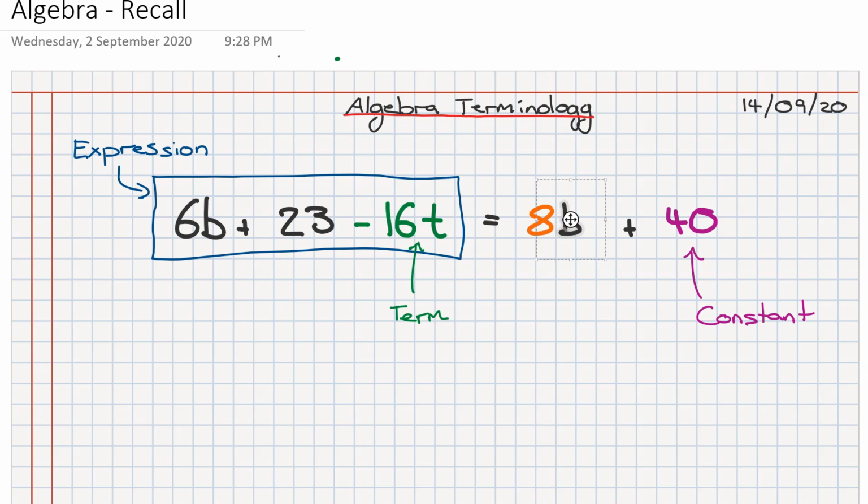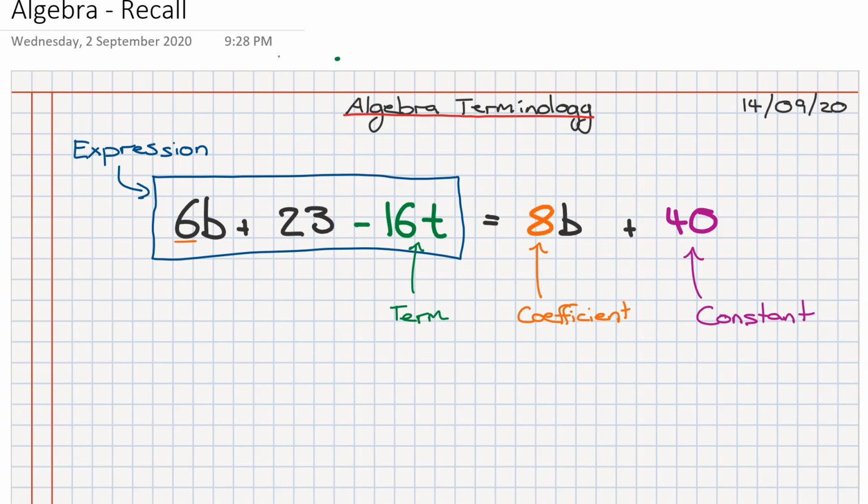So first things first. The number in front of the letter, we call this a coefficient. So if you see a term and the term is composed of a number and a letter, the number in front of the letter is called a coefficient.